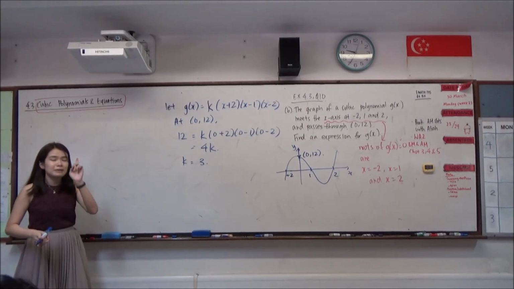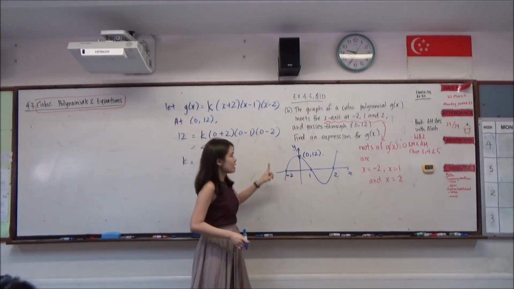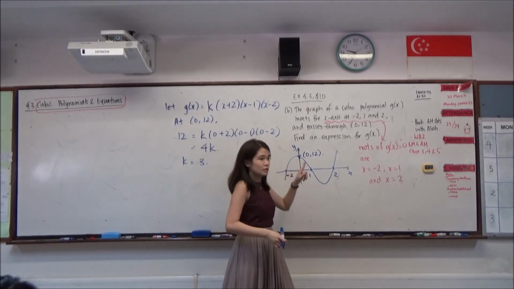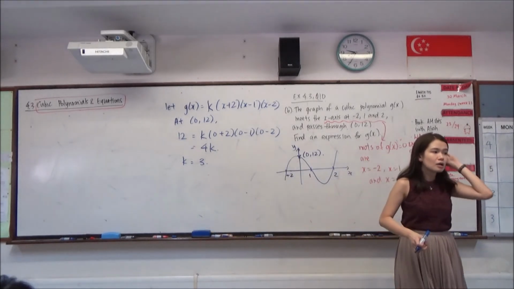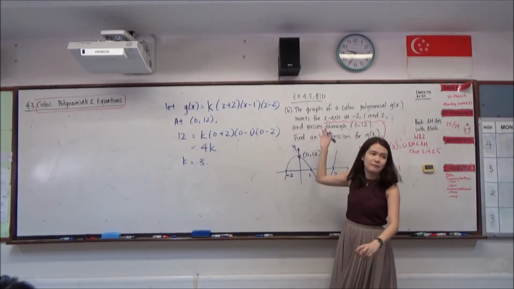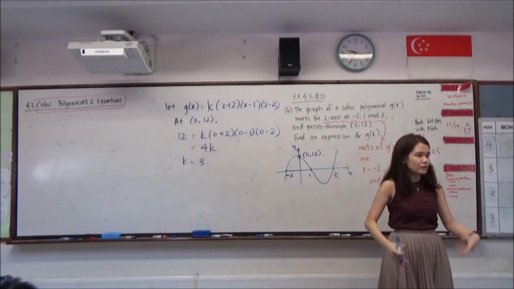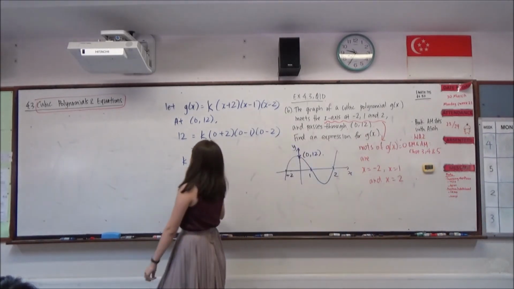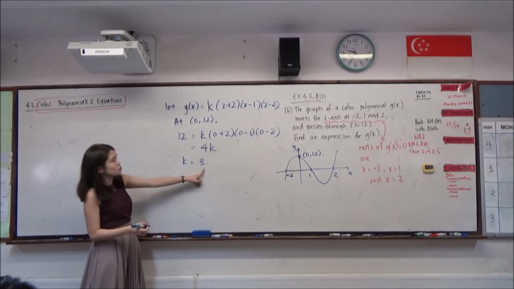So there can only be one equation that will give you these 3 roots and also pass through this point. To write down that k is a constant? You can, but I will not. We will take it that you understand k is a constant. They are not important. So k equals 3.